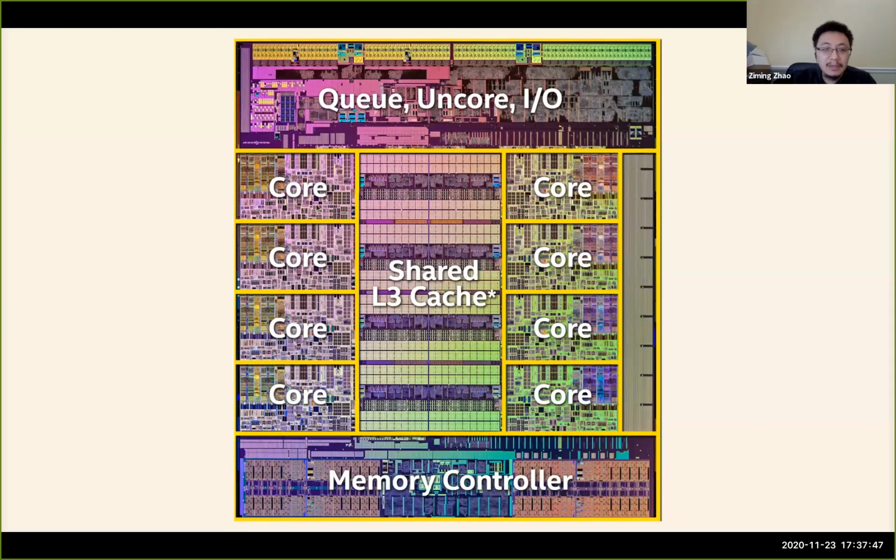We have 8 cores here, and you can see this part, probably like 20% of the size of the die. This part is a shared L3 cache. So all the 8 cores are connected to this shared L3 cache. So this is called the L3. Also, this is called the last level cache.